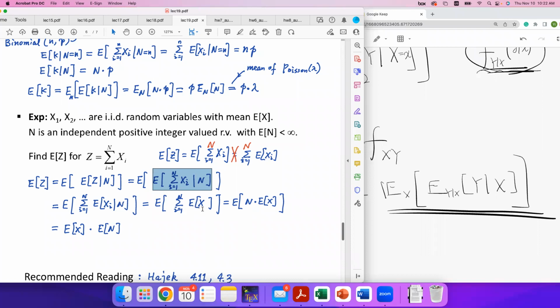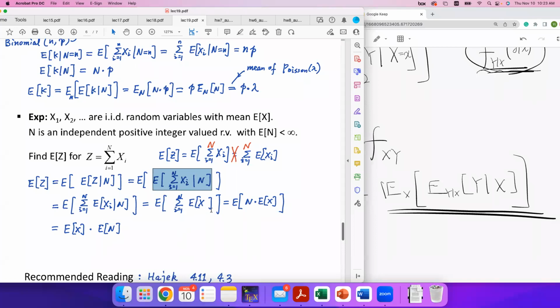So we only need to worry about the sum of expected values of xi. For each xi, we are given that the mean is E[X]. This is just notation, but it corresponds to some number. So the mean of xi is simply E[X], and we plug it in.